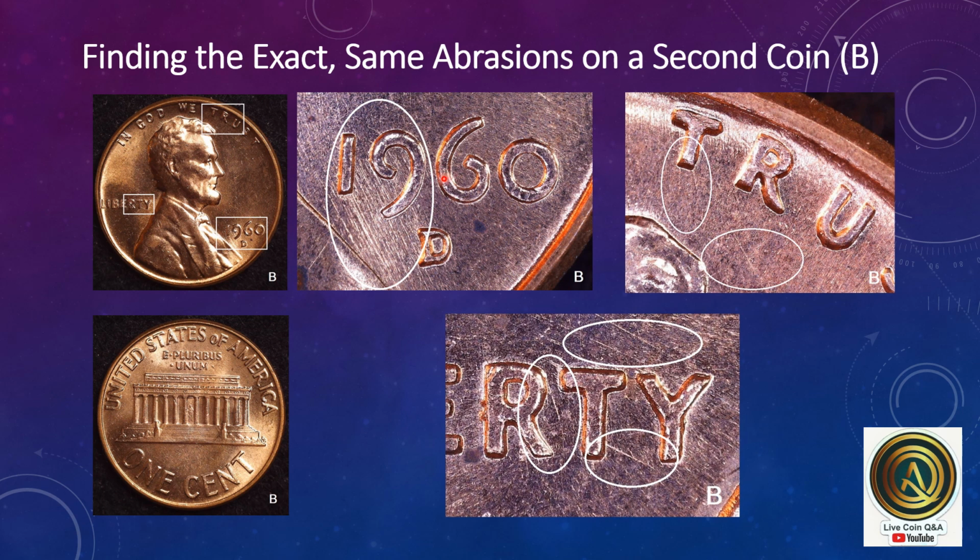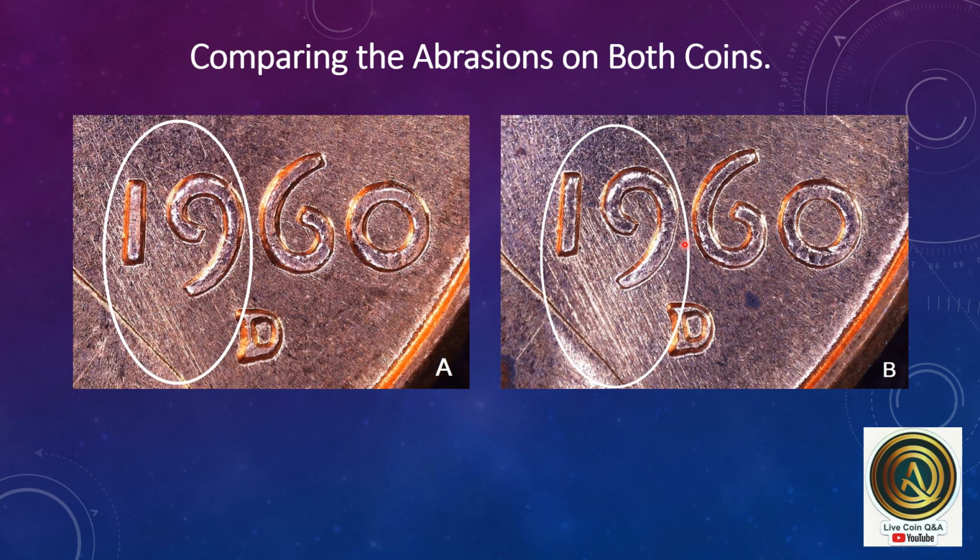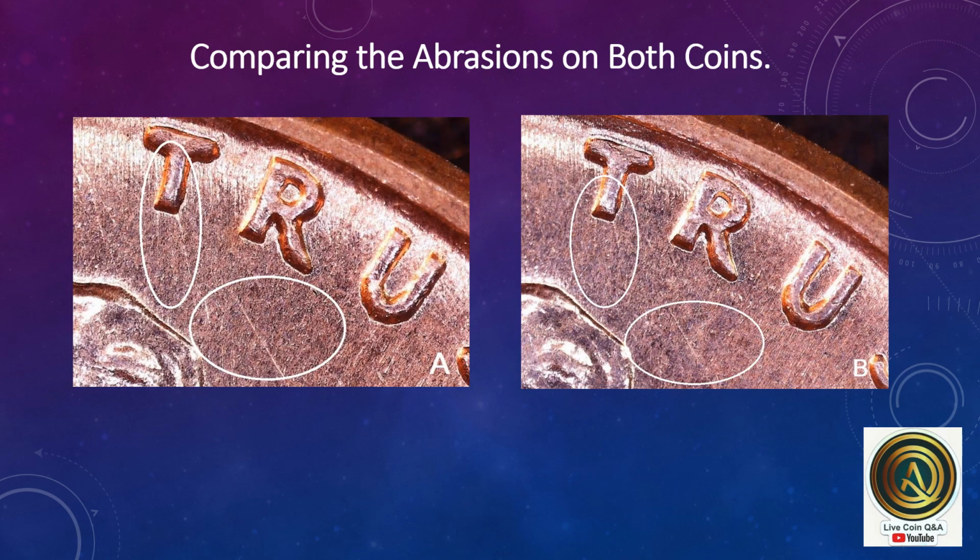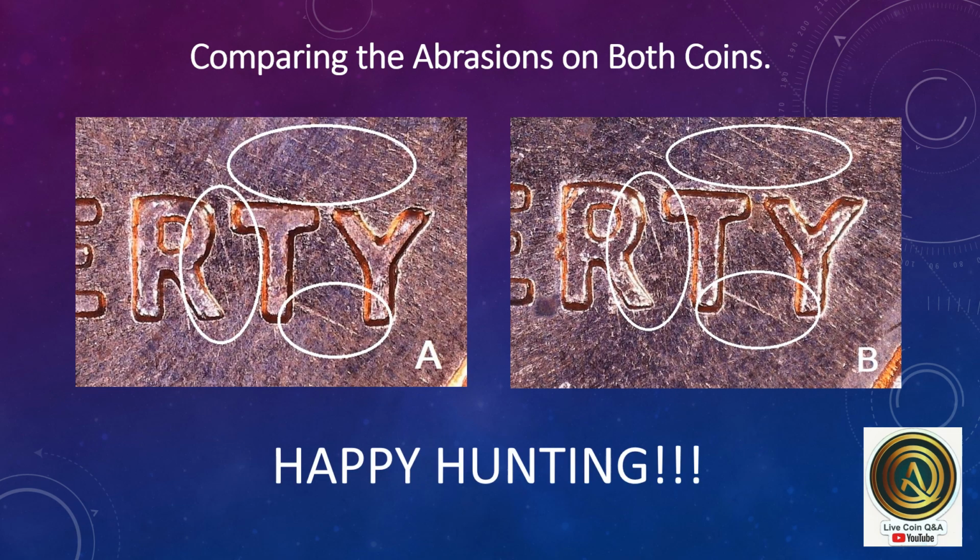We either compare these abrasions to our mental note, or we can compare them side by side with that first coin. I hope that this might help some of you in your searching of BU rolls of coins. Happy hunting!